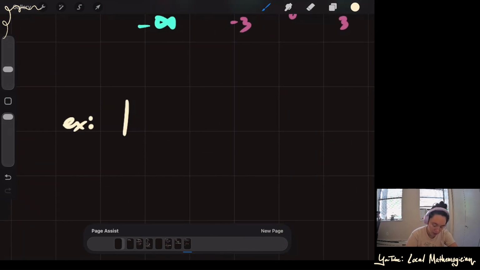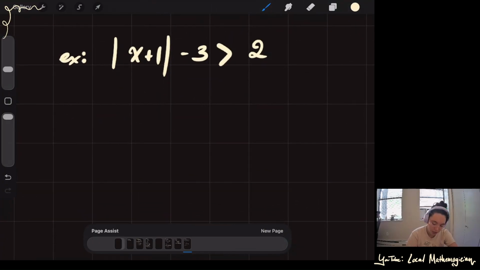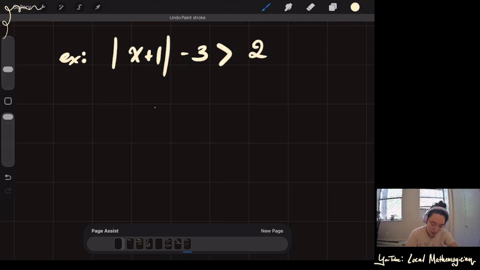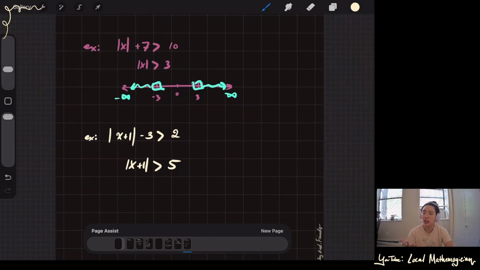let's say you have absolute value of x plus 1, minus 3, is greater than 2, right? Same methodology, you isolate this piece, so you end up with absolute value of x plus 1 is greater than 5, right? And again, we're looking at that radius.